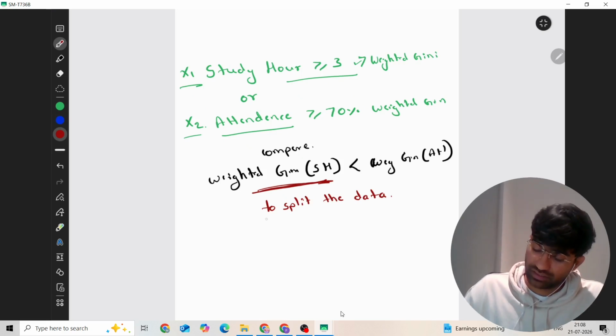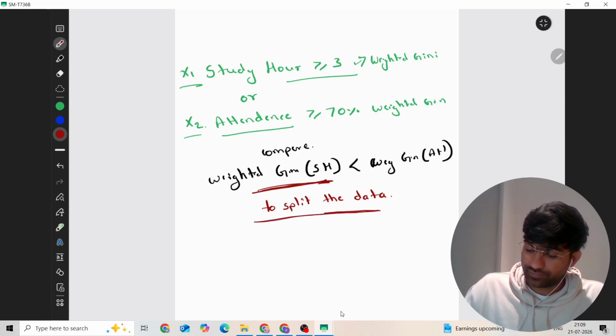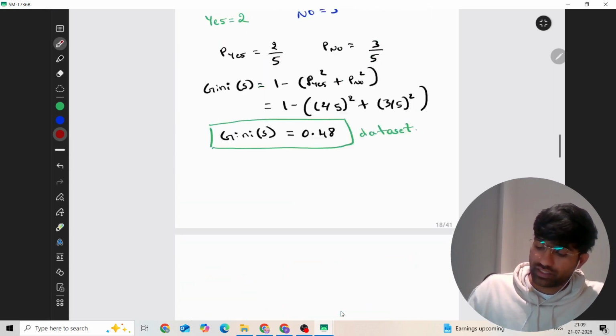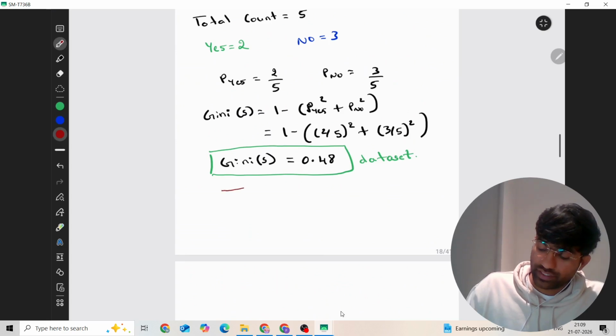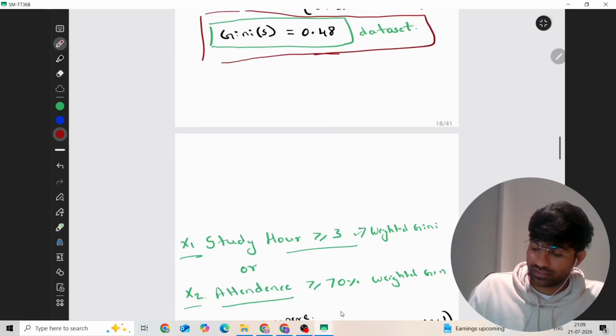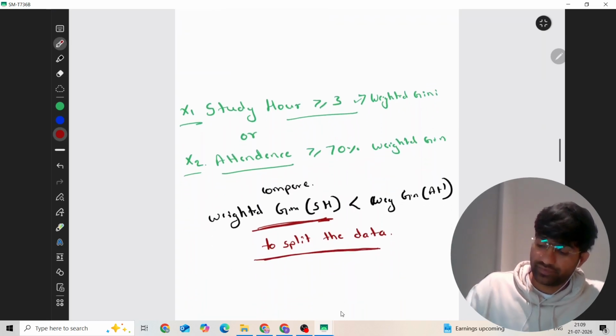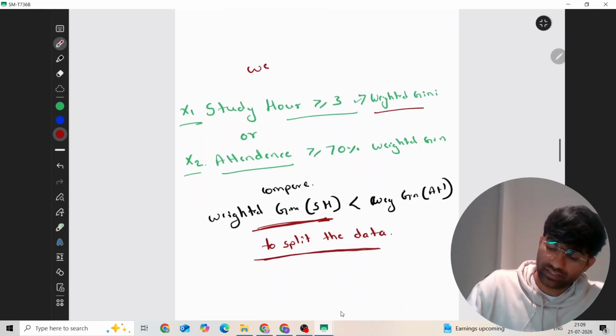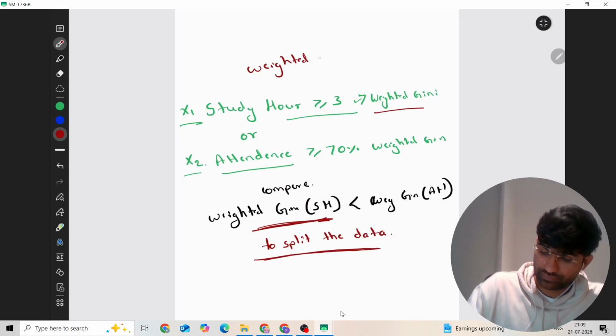This is the logic behind using the Gini impurity. So we have calculated the Gini impurity of our total data set. Now we have to calculate the weighted Gini for each feature, for feature 1 and feature 2.